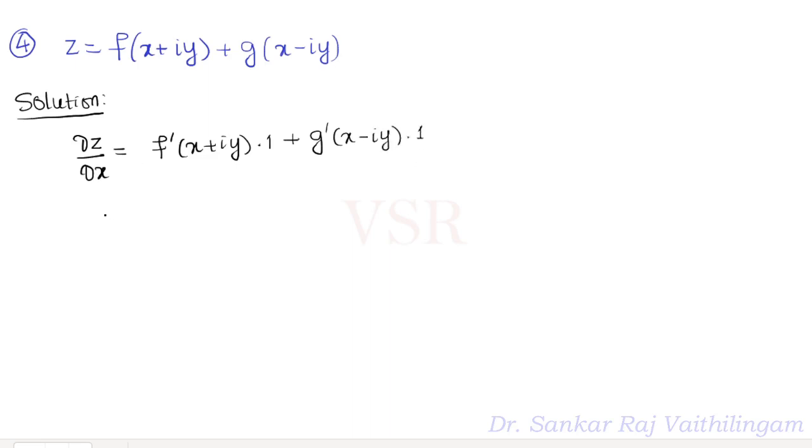Okay சரி, அப்புறம் ∂Z/∂Y, Y பொறுத்து differentiate பண்றேன், that means f dash of x plus iy into I, complex number I, அதே மாதிரி plus g dash of x minus iy into minus I.